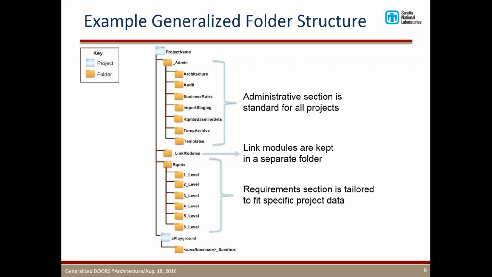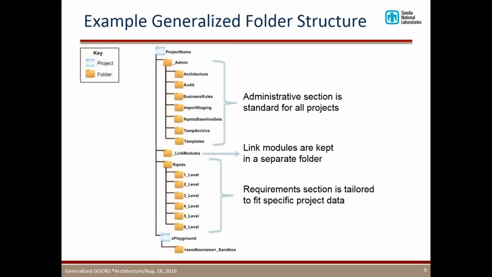Notice the requirement folders have labels with a level preceded by a number, such as 1_level. So level is a concept. It is a level of requirements in your traceability hierarchy. So these labels are meant to be replaced with meaningful labels from a specific project.